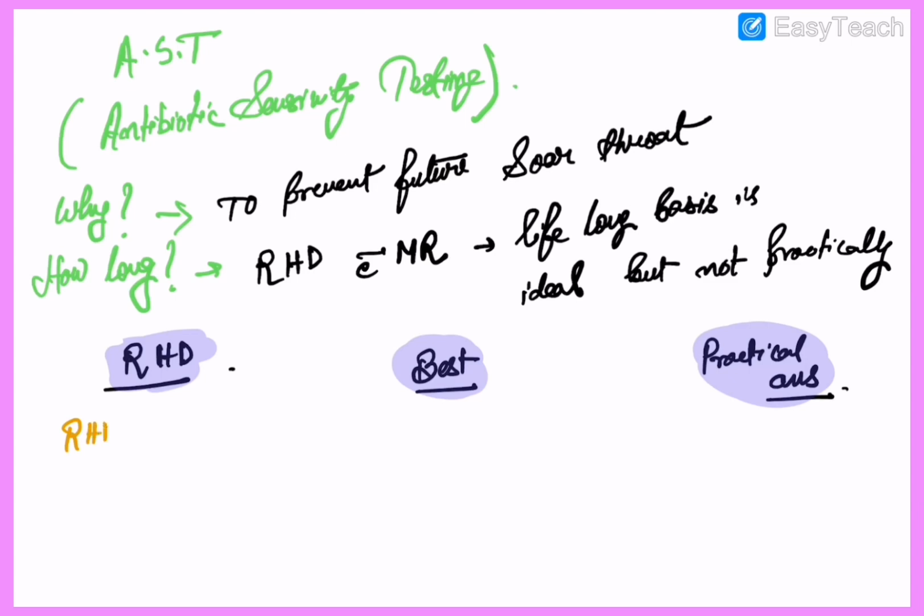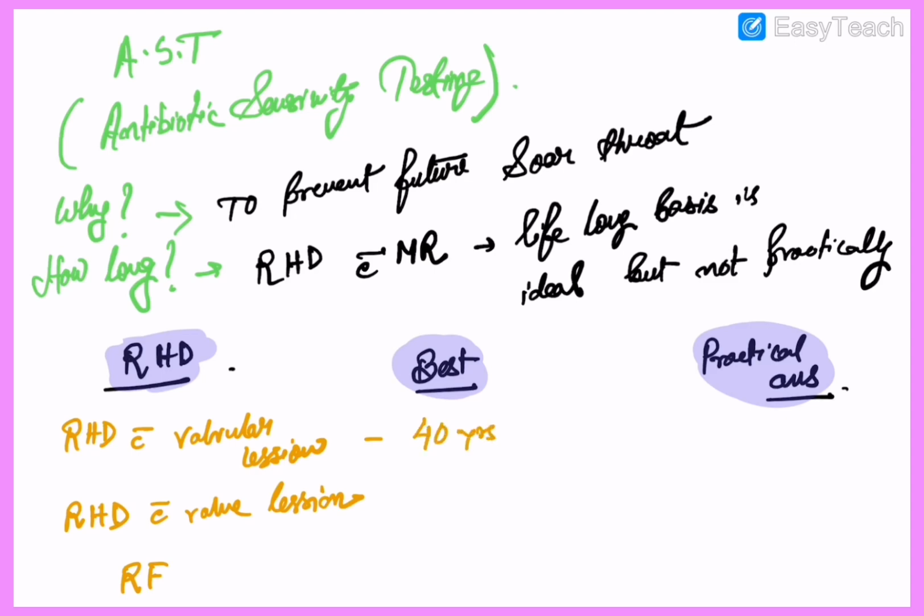Rheumatic heart disease with valvular lesion: ideally, the best time duration for continuing the IM injection of benzathine penicillin is 40 years, practically 10 years.